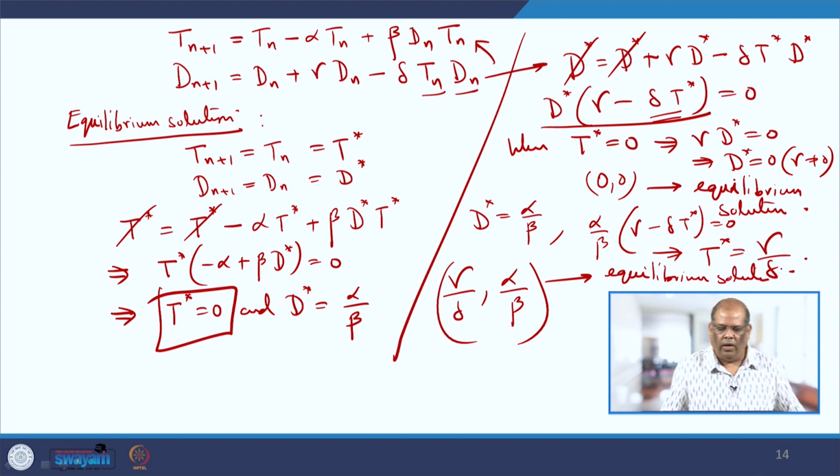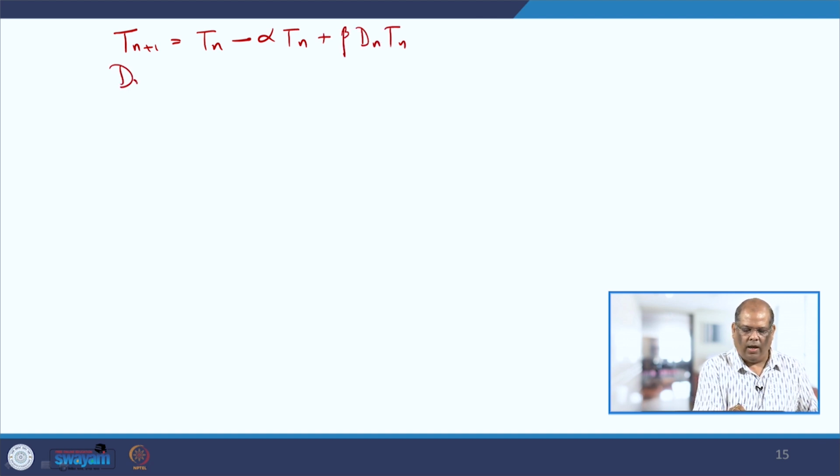Let's now look into the stability analysis. So I have Tn plus 1 equal to Tn minus alpha Tn plus beta Dn Tn, and Dn plus 1 equal to Dn plus gamma Dn minus delta Dn Tn.